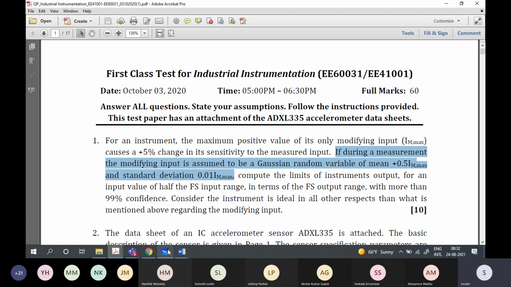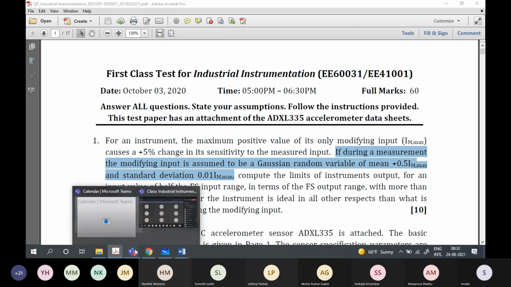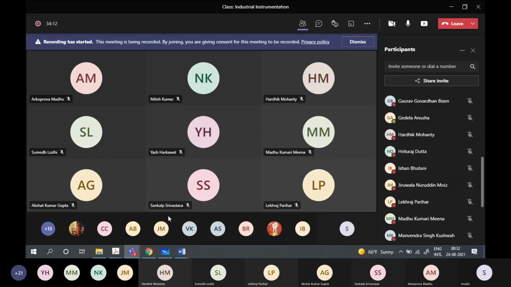So now what will be the value? Did you get what I said? Was it clear or not? Is there anyone who did not understand it? What about Yash Harkawat? Yash? Yeah, hello Yash. Yash may not be there. So who else?